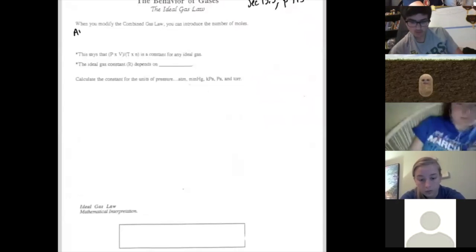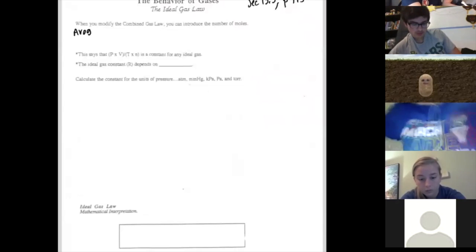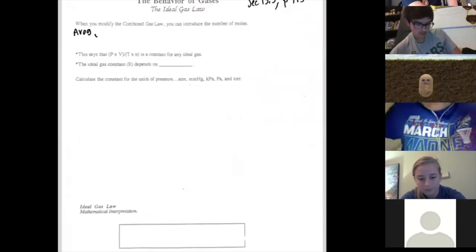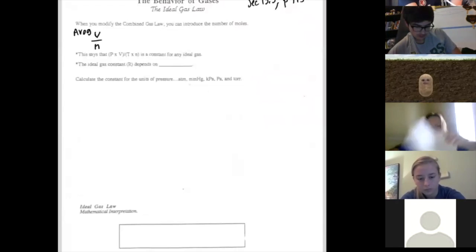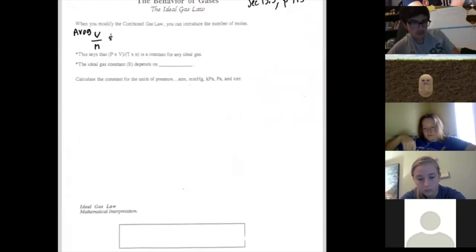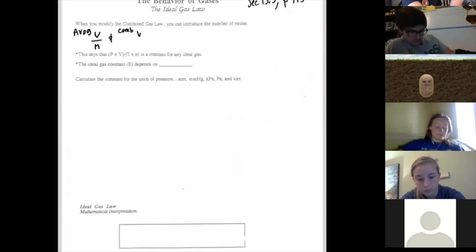Okay. So remember Avogadro's gas law was volume over moles. And the combined gas law was VP over T, right? Those are the variables.